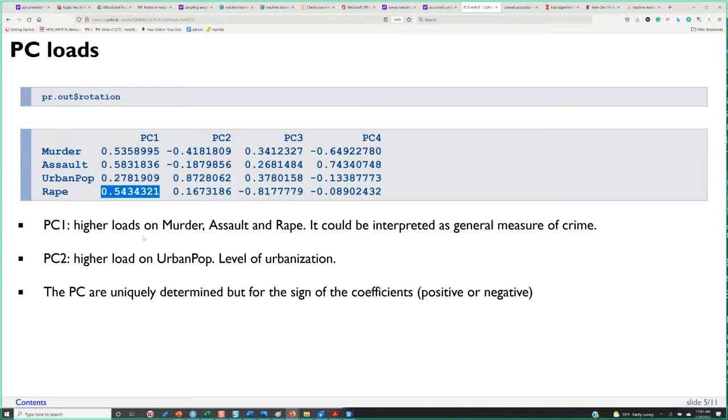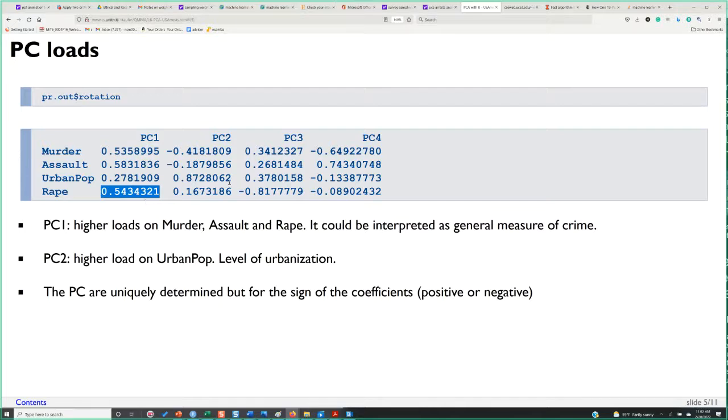So wherever we get high scores for the states, this is basically a general measure of crime. More crime is happening there. Are you with me? Because all of them are about crime, and everything is loaded in the first dimension itself.